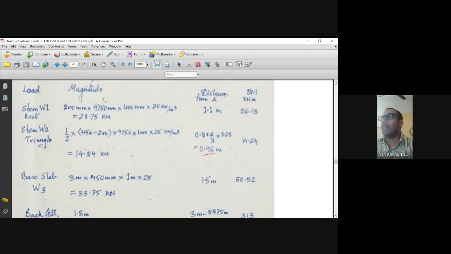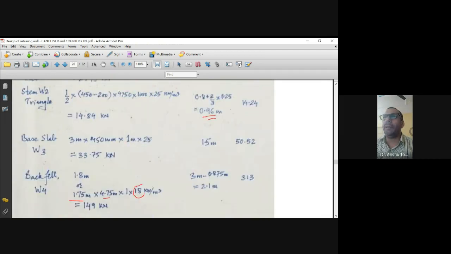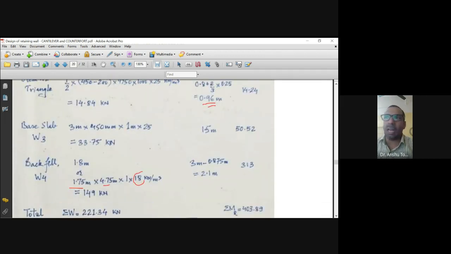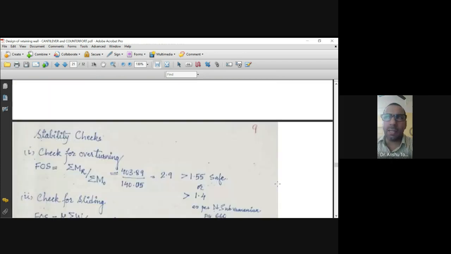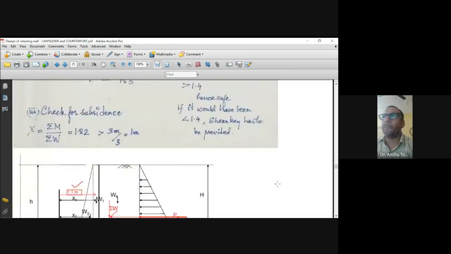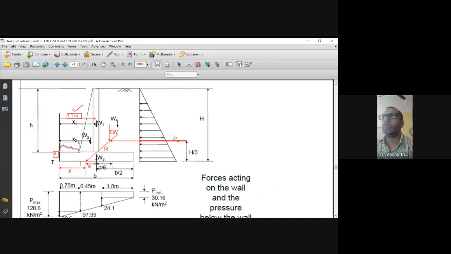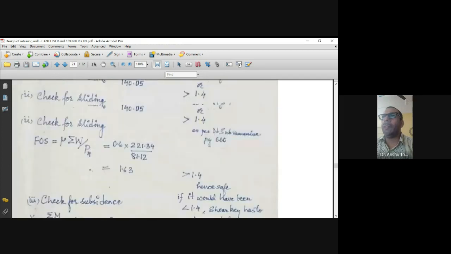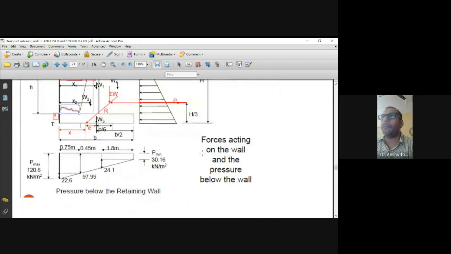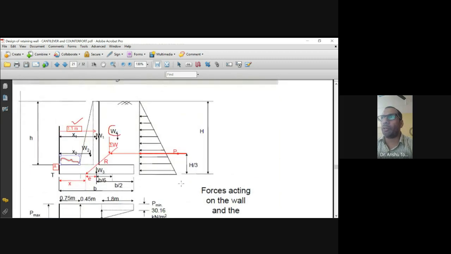So same values have been written here. Similarly for W3, that is base slab, it will be exactly at the center, 1.5 meter. ये तो exactly center पे आएगा, which is 1.5 meter from this end. Then we have got the distance of the fill, W4.